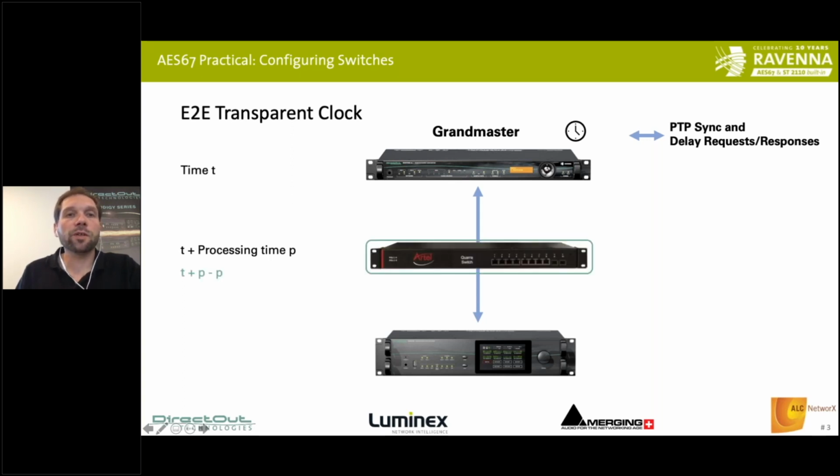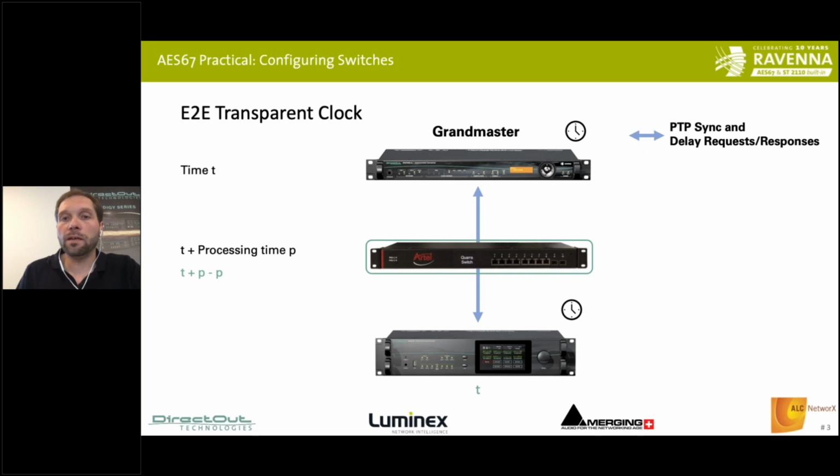However, the switch measures this time, it knows it, and it applies it to the correction field of the outgoing sync packet. As a result, on the receiving node, the time can be corrected, and the synchronization is very accurate and close to what the grandmaster initially sent.